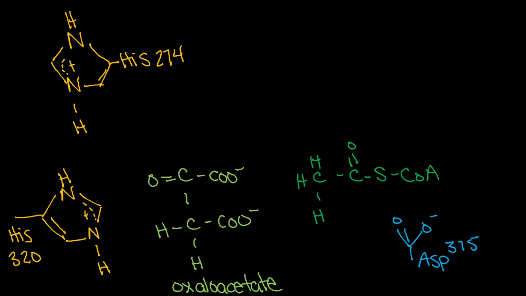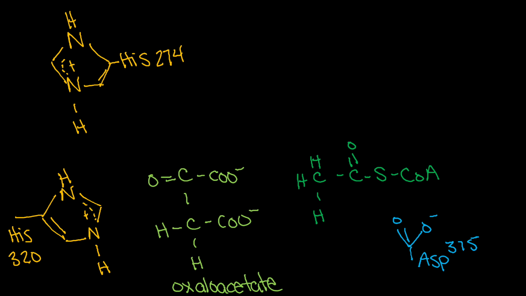So in taking a look at the mechanism, we can note that there are three important amino acids in citrate synthase, and these three amino acid residues work together to allow the acetyl to combine with the oxaloacetate.